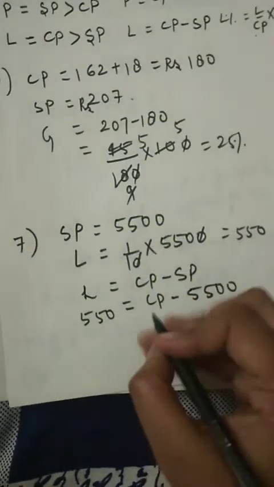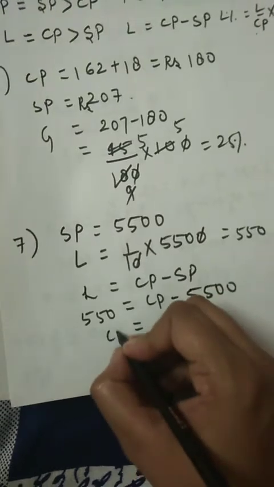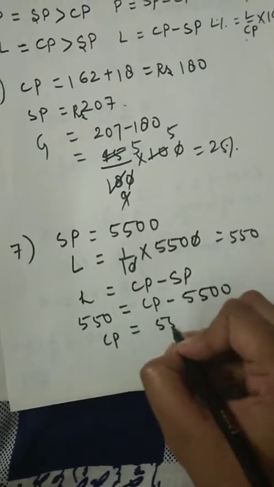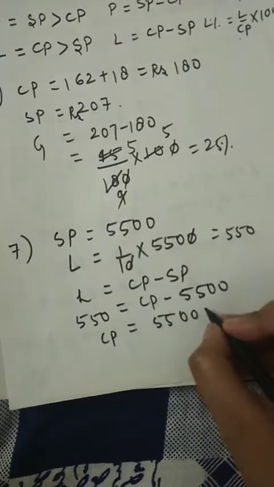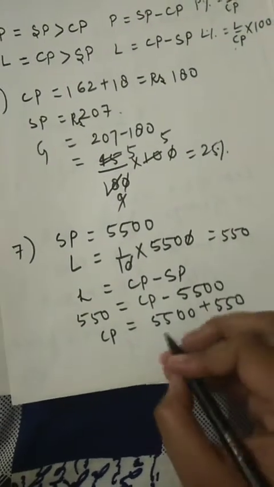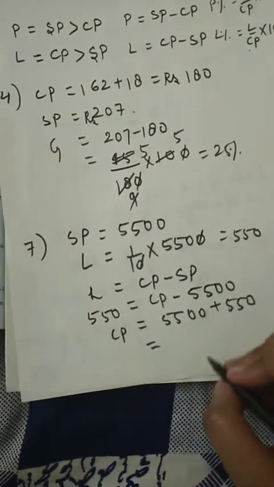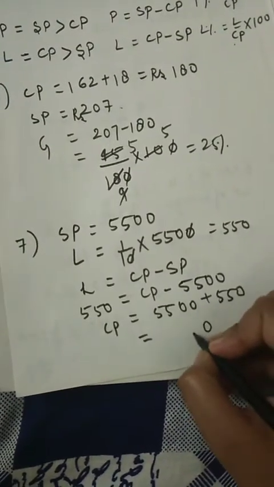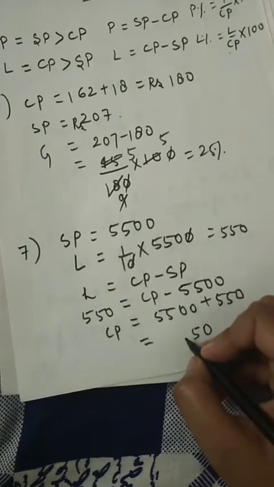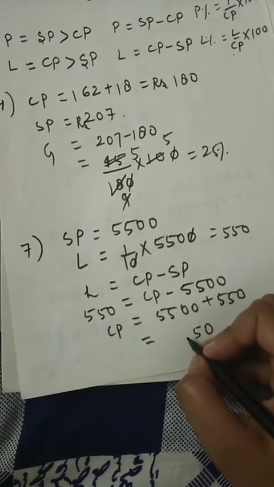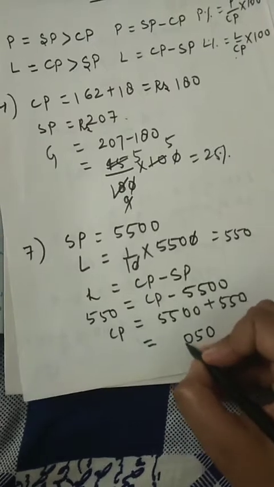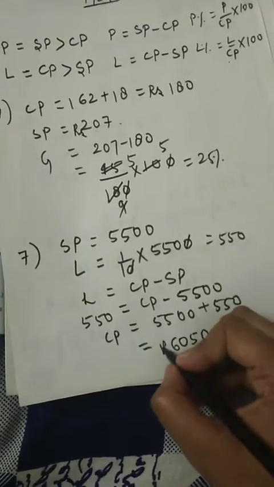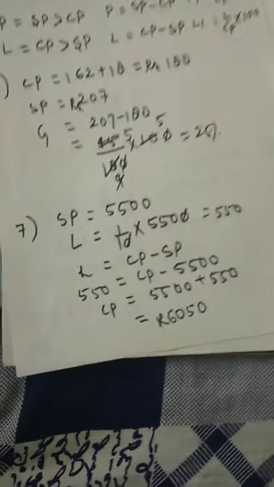So cost price we will find as 5,500 plus 550, which will be equal to 6,050. Here the cost price is 6,050.